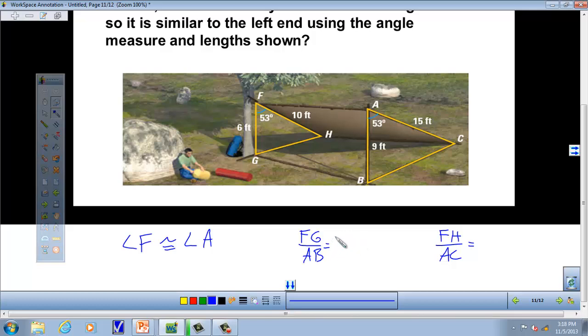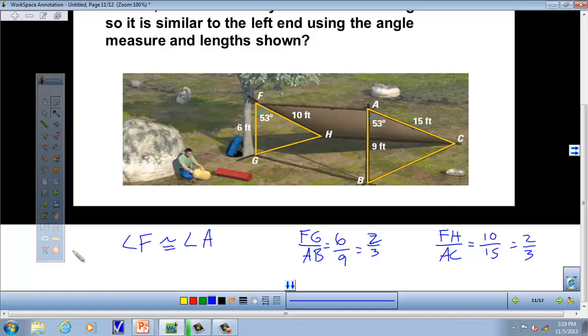Okay, so for the first one we've got 6 to 9, which reduces to 2 to 3. And for the second one we've got 10 to 15, which if we divide both top and bottom by 5, we get 2 to 3.